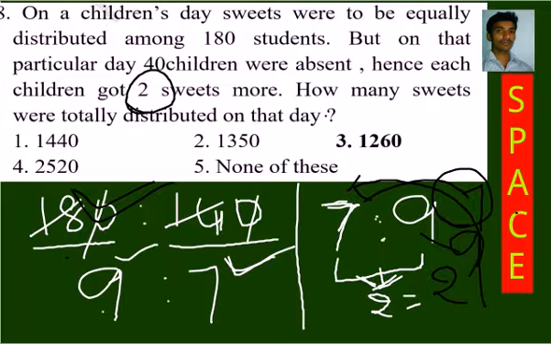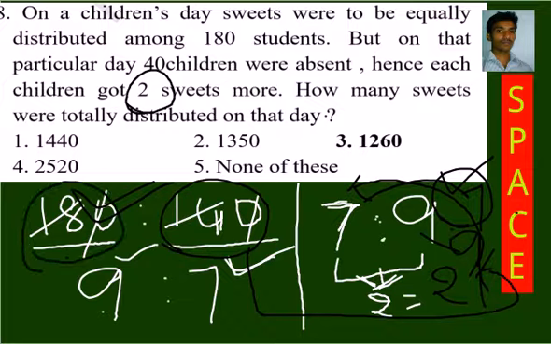If only 140 students were there, 2 sweets extra, means 9 sweets they will get. Now if in the first case each student is getting 7 sweets, how many were there in the first case? 180 were assumed.